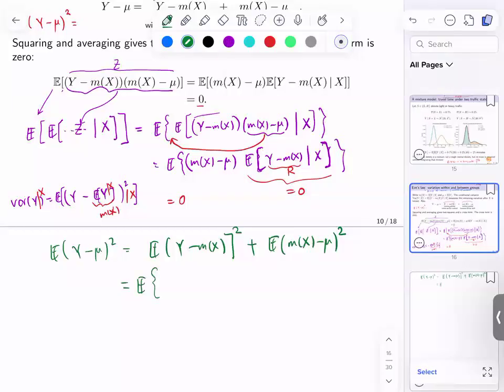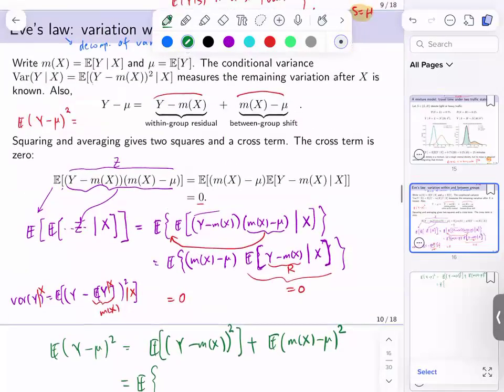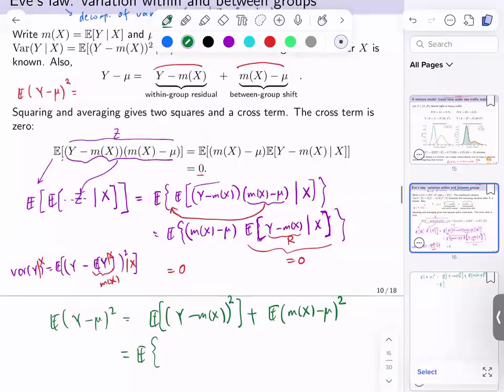Let me properly do it. I'm computing the expectation of the square of y minus m of x.